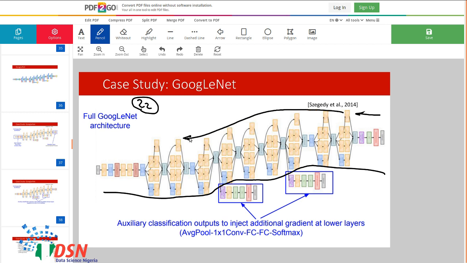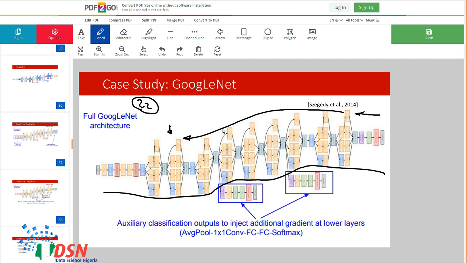When you have a very deep network, then the gradient will be very small in these layers, and so these layers are not very efficiently trained because of the vanishing gradient that we talked about.